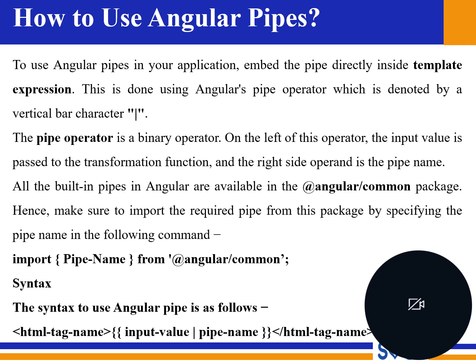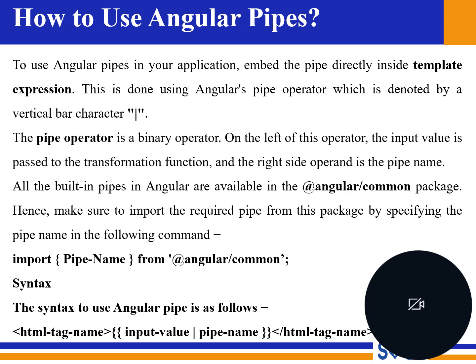On the left of this operator, the input value is passed to the transformation function, and the right side of the operator is the pipe name. All the built-in pipes in Angular are available in the @angular/common package. Hence, make sure to import the required pipe from this package by specifying the pipe name in the following command. Here you have to give: import pipe name from @angular/common.